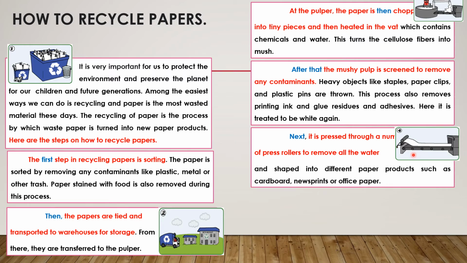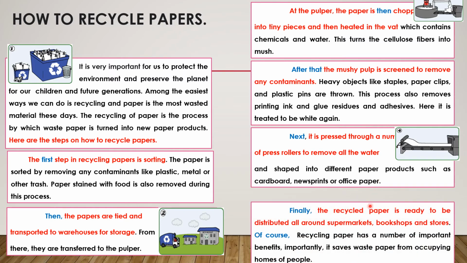This one is round. These are the rollers, and the pulp is shaped into different paper products such as cardboard, newsprint, and office paper. And then finally, the recycled paper is ready to be distributed all around supermarkets, bookshops, and stores. So this ready paper is going to be sold in supermarkets and bookshops.